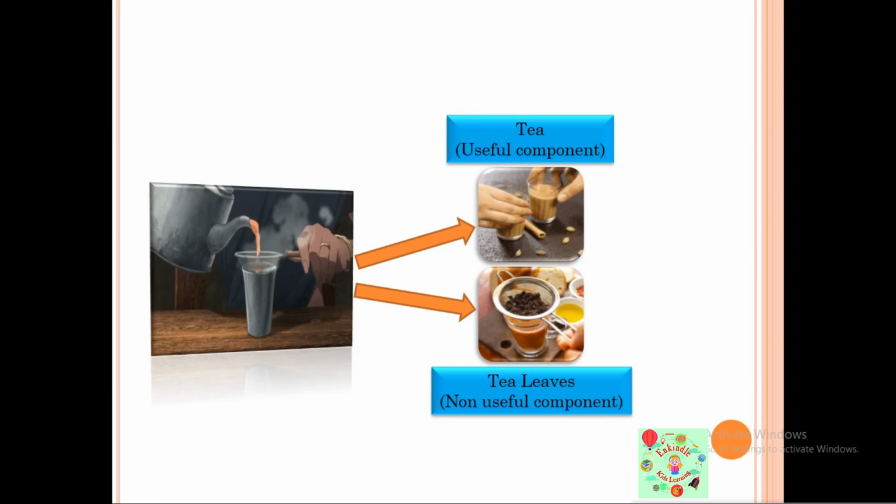She is separating a useful component, which is the tea. We drink tea, isn't it? From a non-useful component, that is tea leaves, because we don't eat tea leaves, we throw them away.